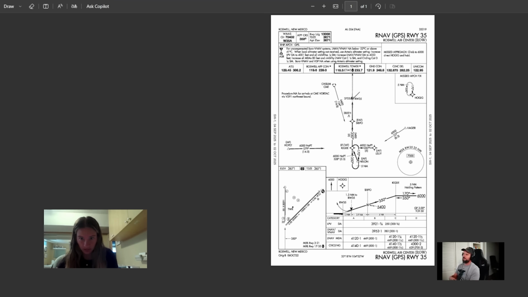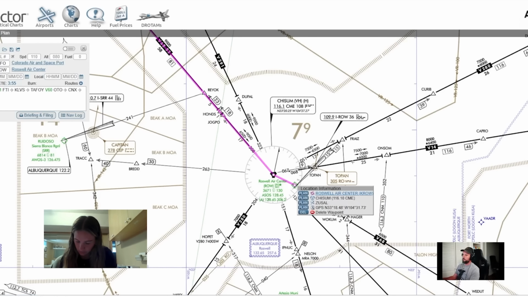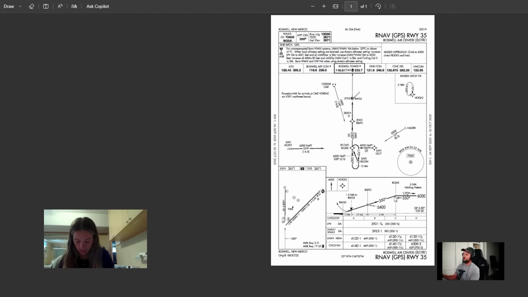Probably runway 35, one of the approaches into there. I really only see one, right? That's the only one, yeah. So the RNAV 35 would be a great choice. LPV. Awesome. So the RNAV runway 35 with LPV minimums.